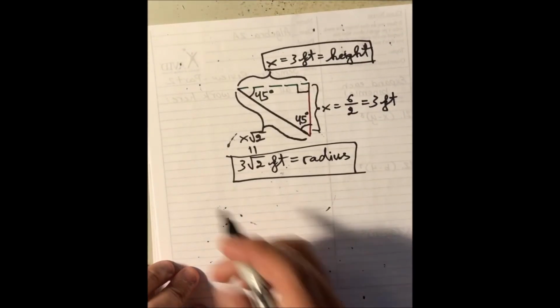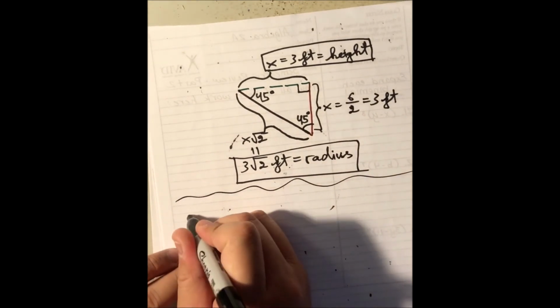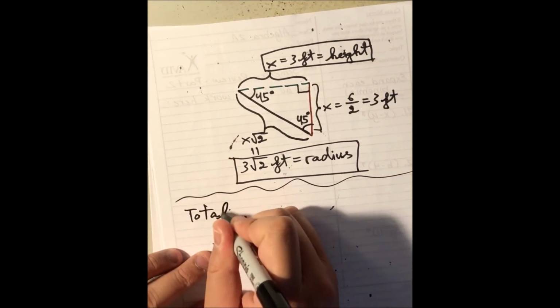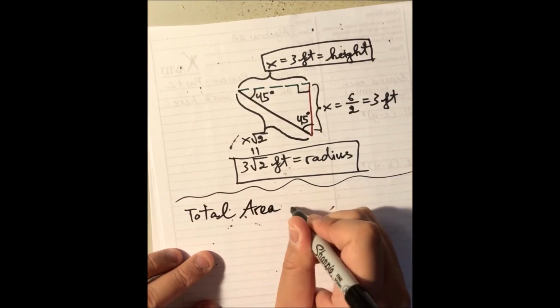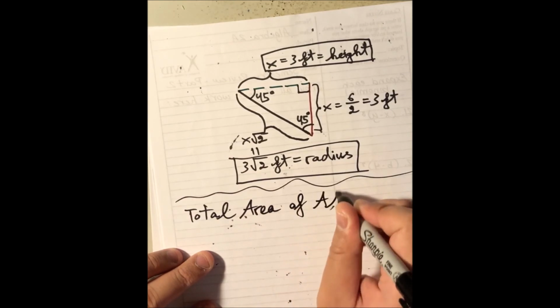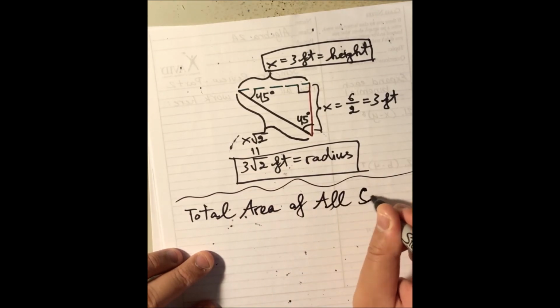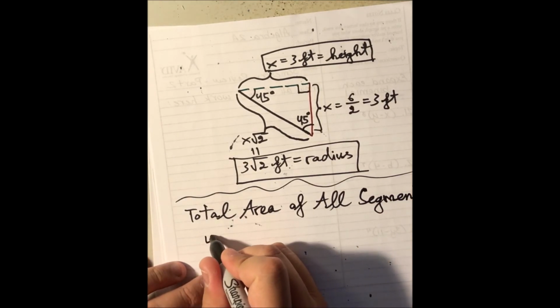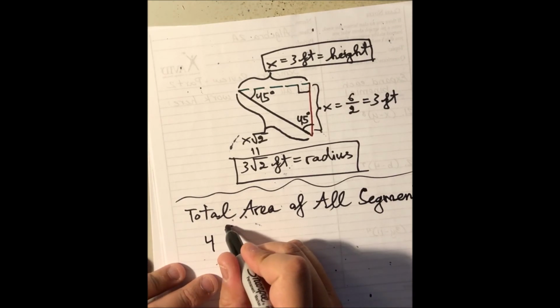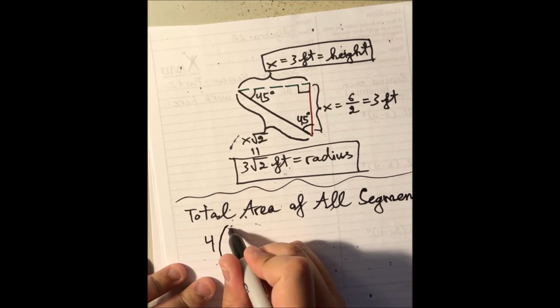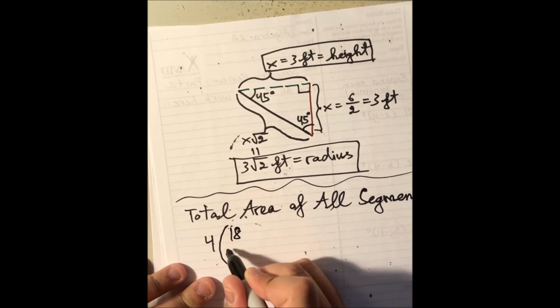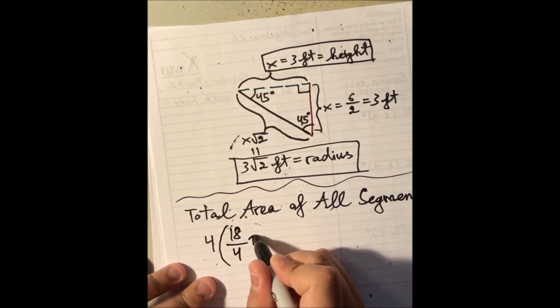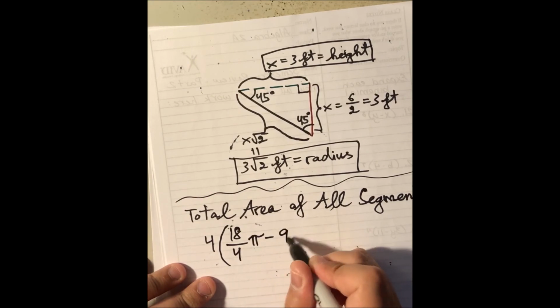So really, the total area of all segments is the number of segments we have, which is 4, multiplied by the area of each segment, which is 18 over 4 times pi minus 9.